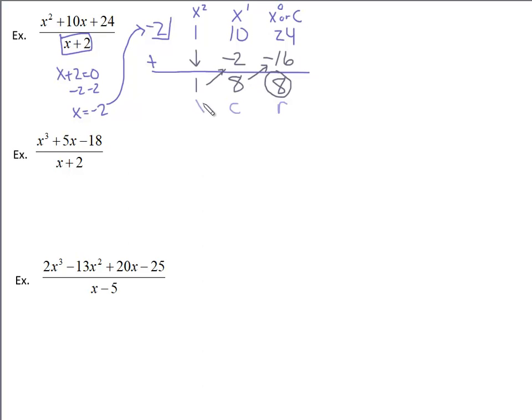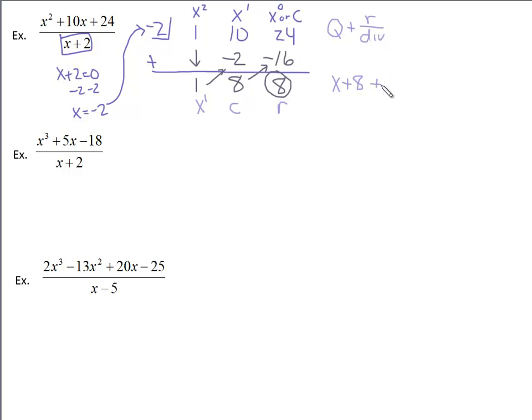+8 also happened to be my constant, and 1 was my coefficient of x to the first. So interpreting my answer here, I get 1 x to the first plus 8, but we have a remainder. And if you remember when we talked about writing these, when there's a remainder, it's the quotient, which was x plus 8, plus the remainder over the divisor.